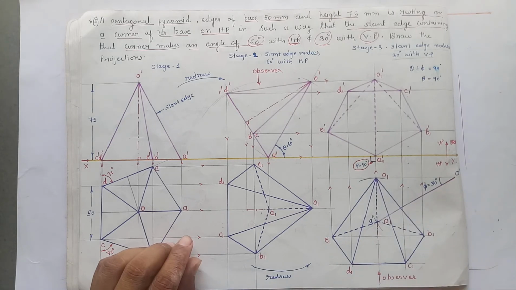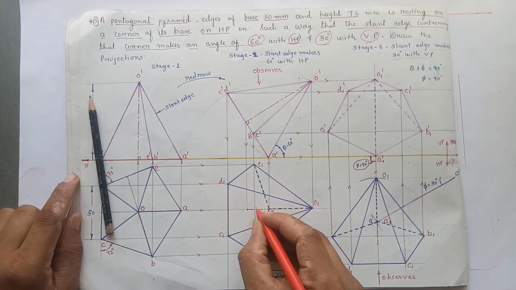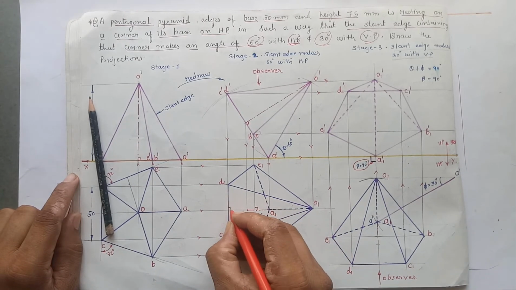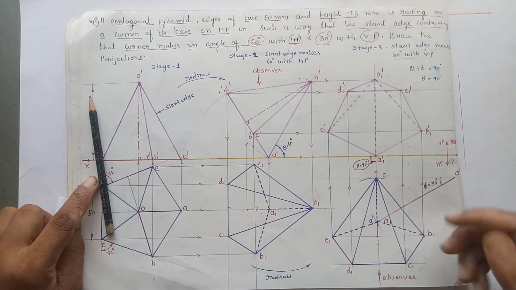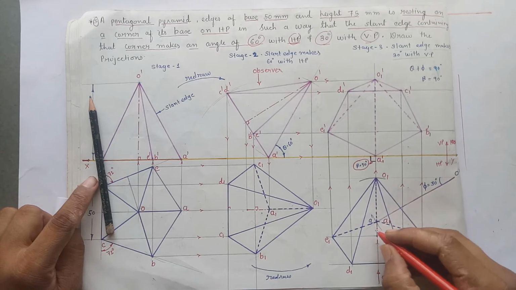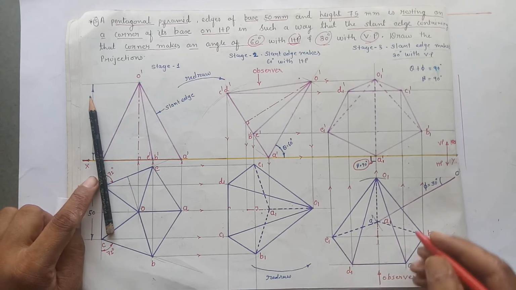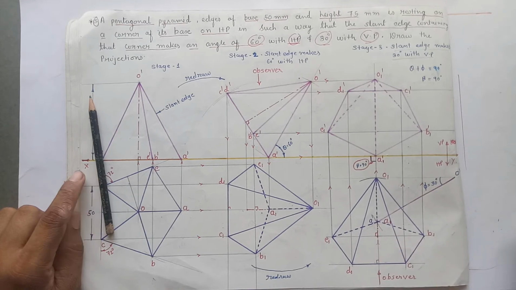After marking these points, draw lines perpendicular to the line O1 A1, from this point and this point. So this is the perpendicular line.